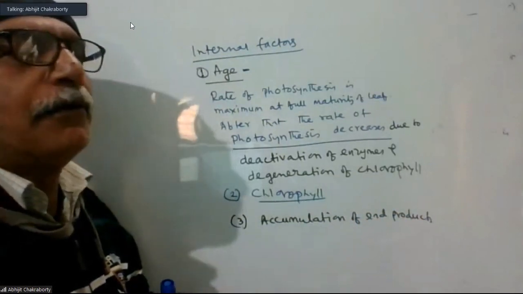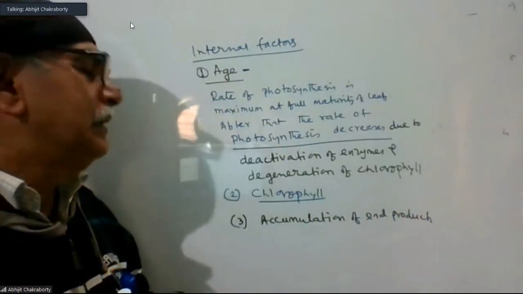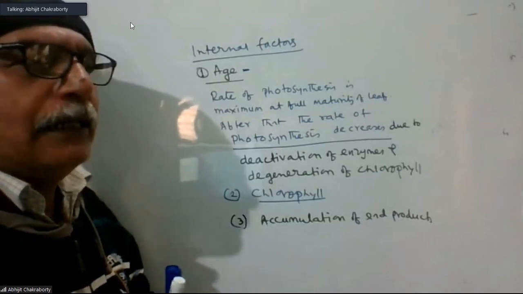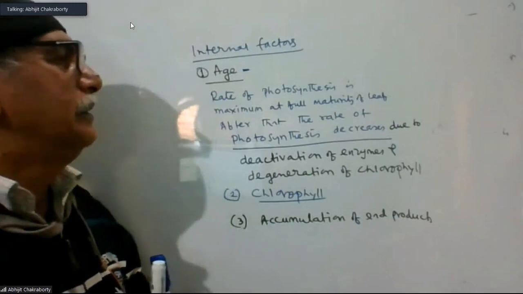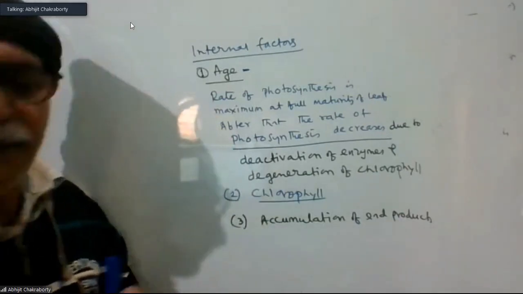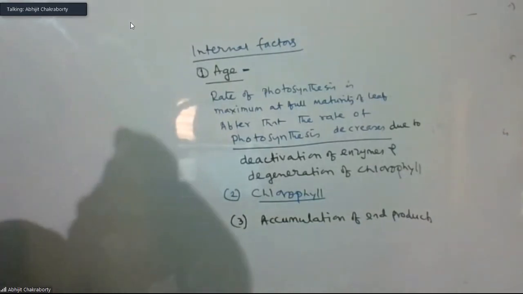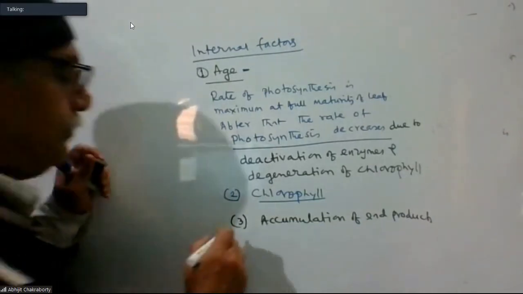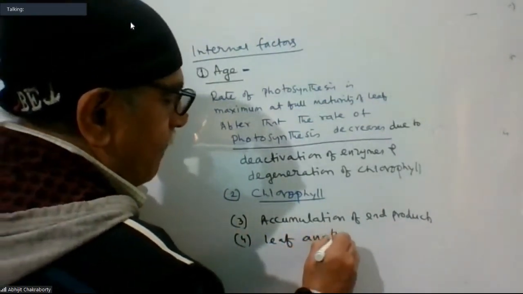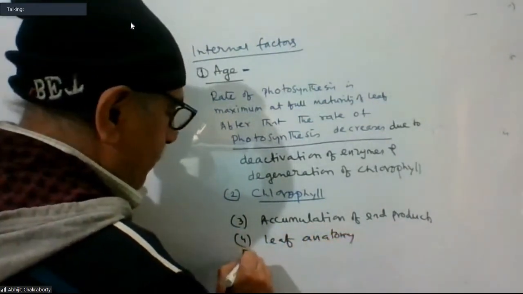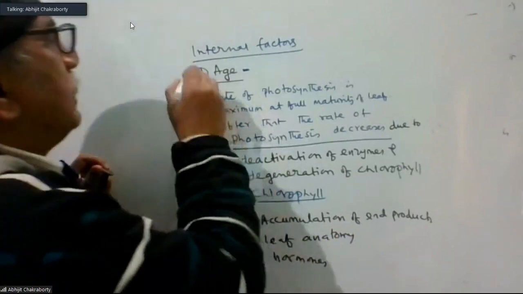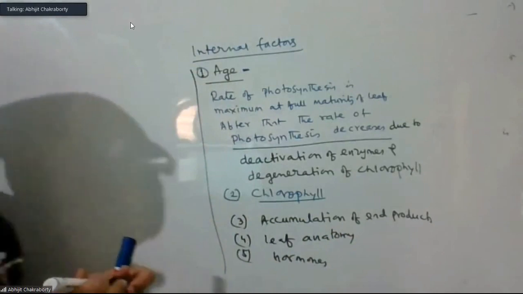If chlorophylls are found to be degenerated, the rate of photosynthesis decreases. If more and more products are found to be accumulated, then also the rate of photosynthesis decreases. So these are the internal factors. There are some other factors also, like leaf anatomy and the hormones. So these are the internal factors affecting the rate of photosynthesis.